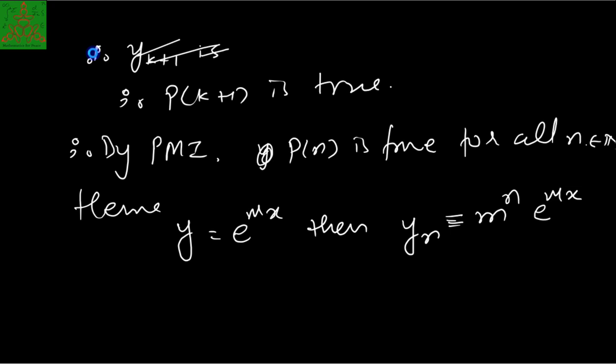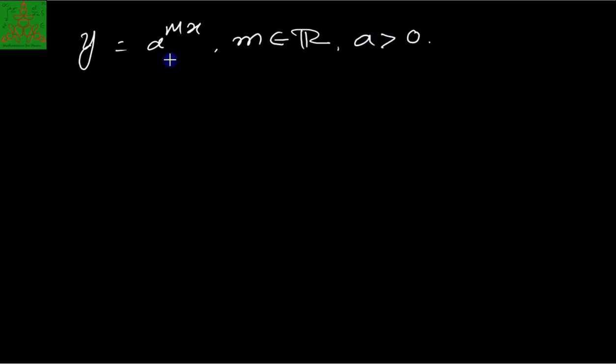Let us consider another function, y is equal to a power mx, where m is any real number and a is any positive real number. Then we know that the first derivative of this is a power mx into log a base e into m.